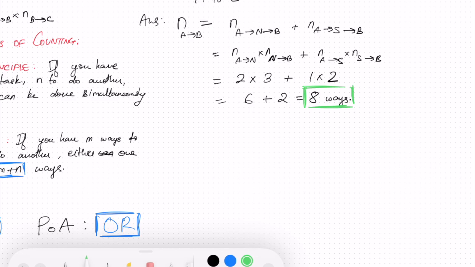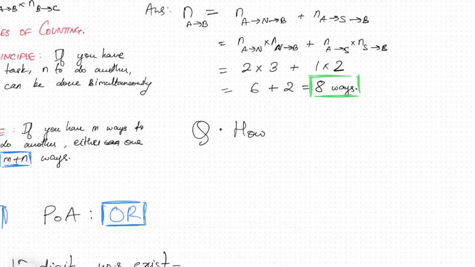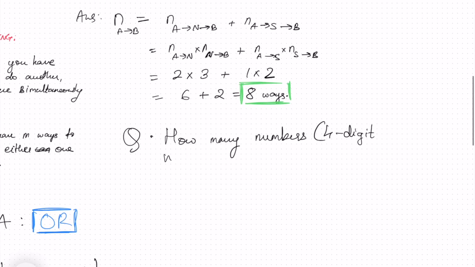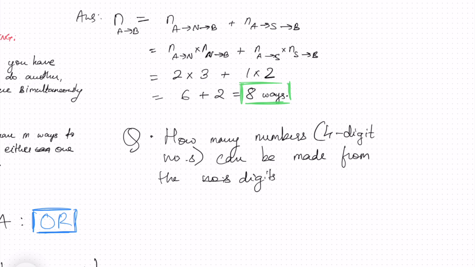Here's the next question. How many 4-digit numbers can be made from the digits 2, 4, 3, 7 that do not exceed 7432?